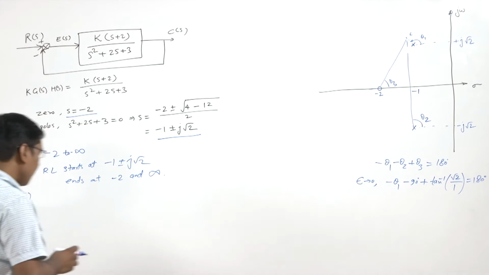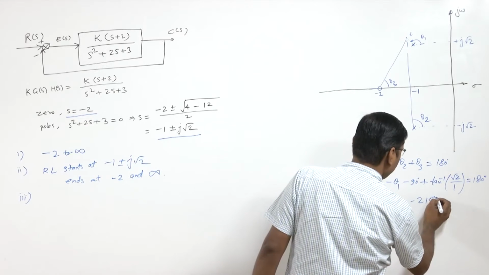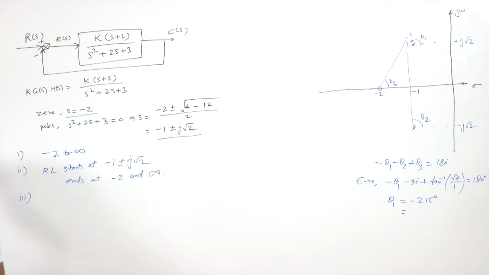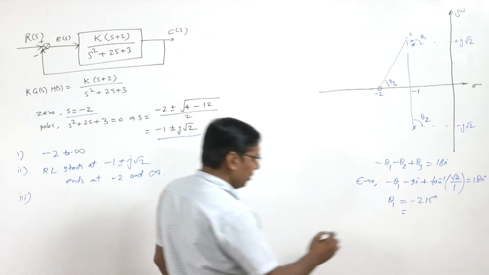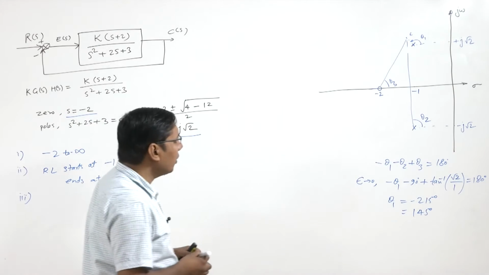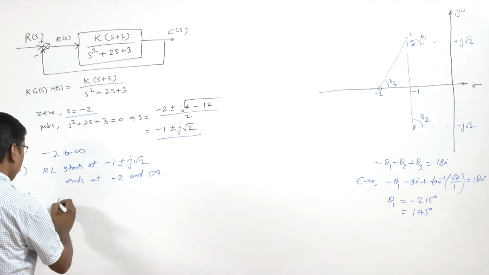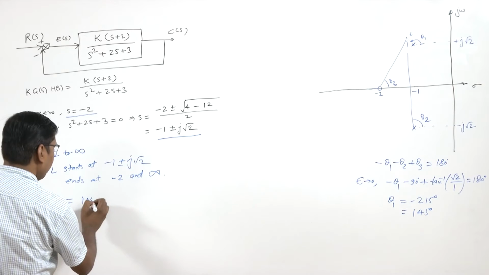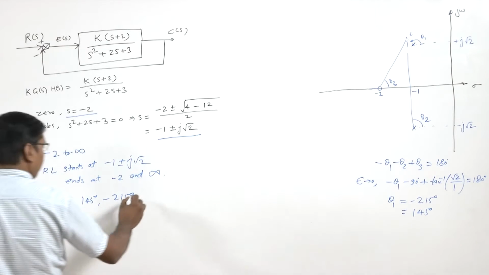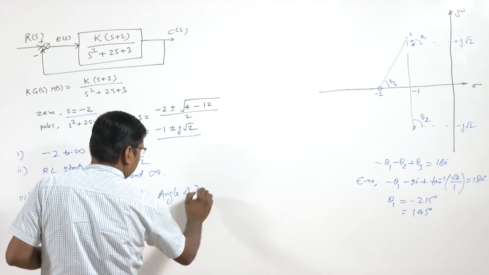So we get theta 1 equal to minus 215 degree, and we can add 360, so we get 145 degree. So it means that the root locus will have theta 1 equal to 145 degree and minus 215 degree. This is the angle of departure.